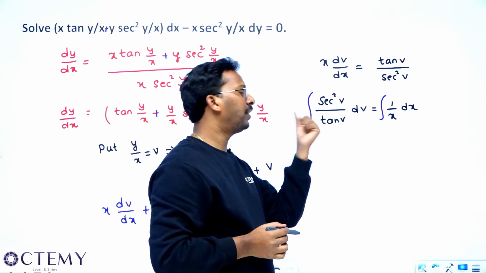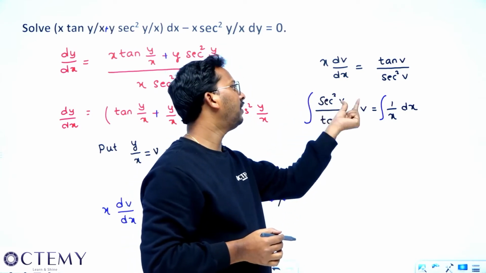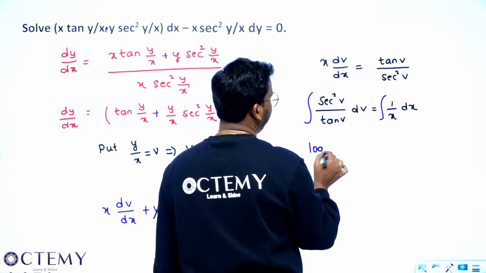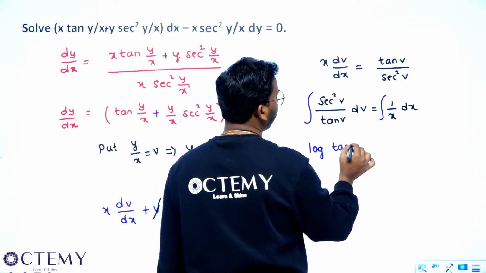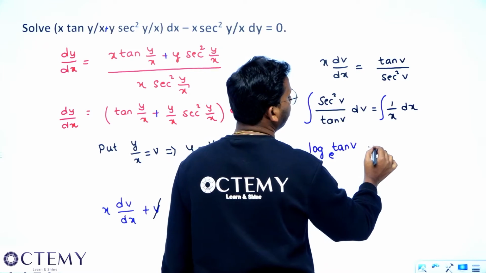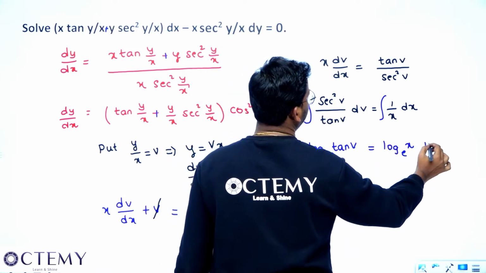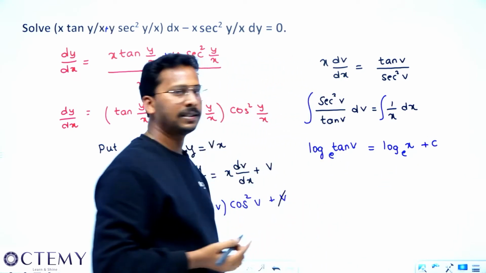So see, when you integrate, what will you get? What is the differentiation of tan v? Secant square v dv. It's in the numerator. So it will become log tan v base e is equal to log x base e plus c, or you can write ln x, right?